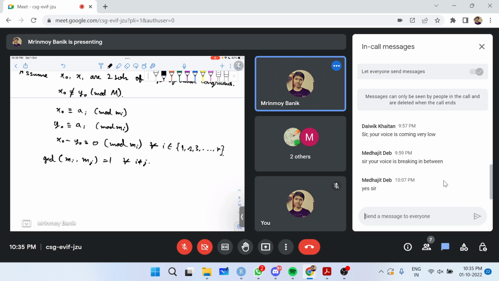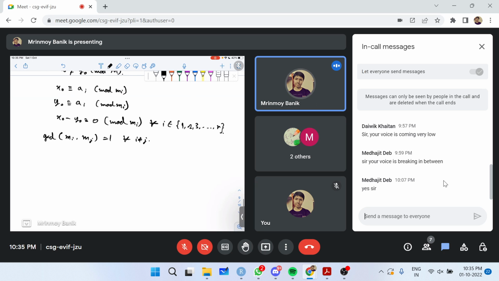Now when this happens, we can use a basic theorem of congruence: if A is congruent to B mod n1, and A is also congruent to B mod n2, that implies A is congruent to B mod the LCM of n1 and n2.